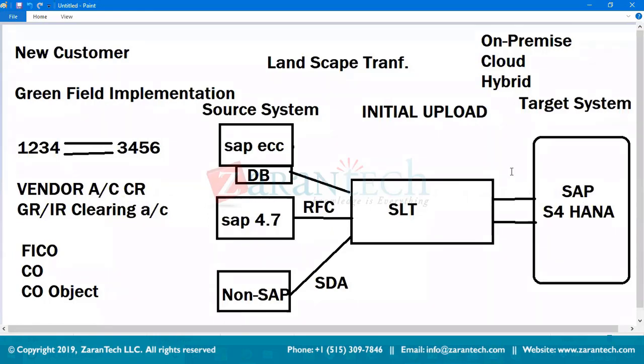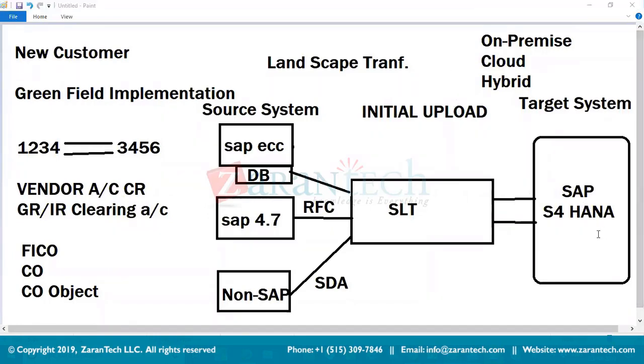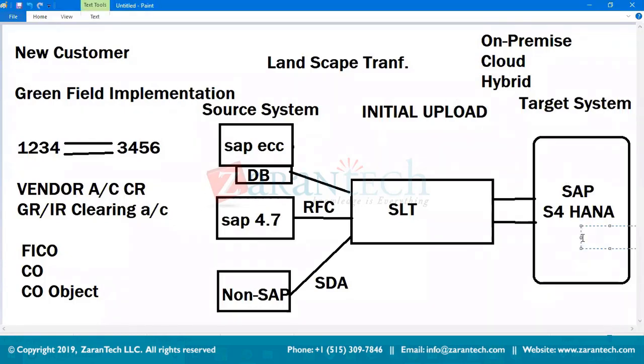Once this has been outbounded to my SAP S4 HANA, there is a concept called AIF, Application Interface Framework. The AIF will do all the error corrections: whether the mapping has been successfully completed, and whether any mandatory fields are missing, if I want to post this transaction in my SAP HANA database.